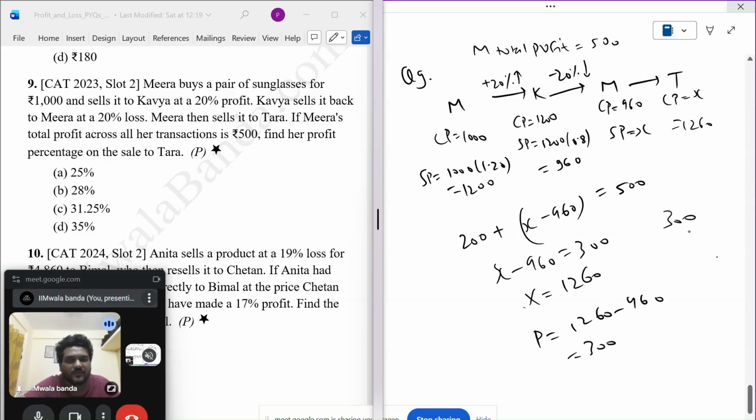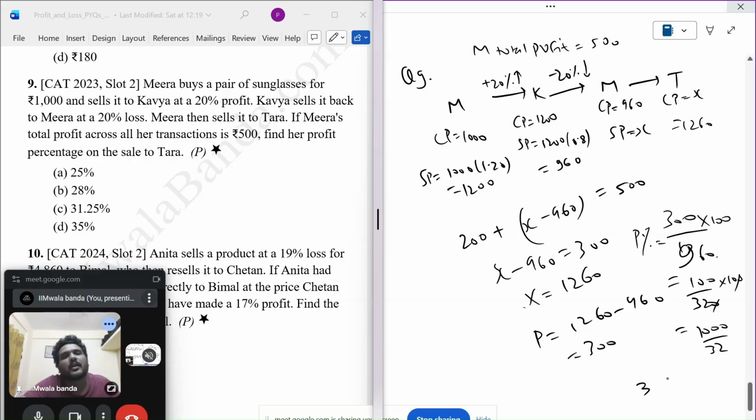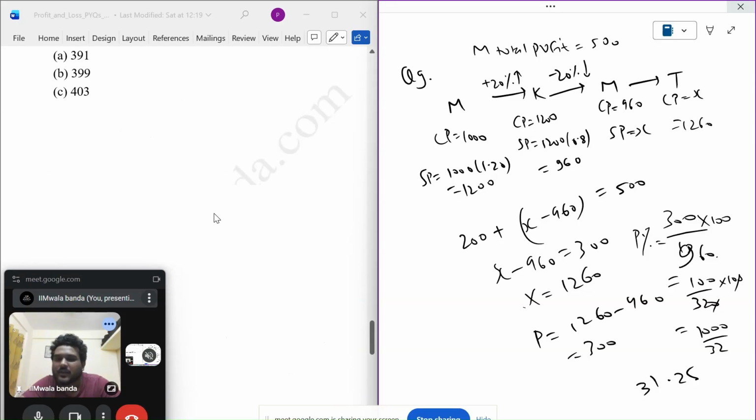That's why my options are not matching. So profit percentage is profit upon what the CP was. She earned 300 on 960, or 1000 by 32. Yeah, now it will be 3 point something. 96, 40, 31 point something, 31.25. Ninth answer should be C. Yeah.